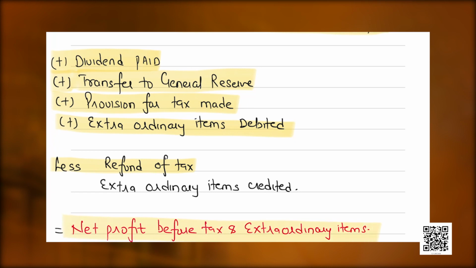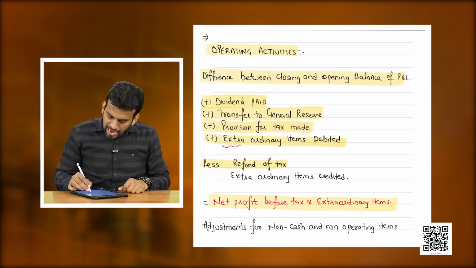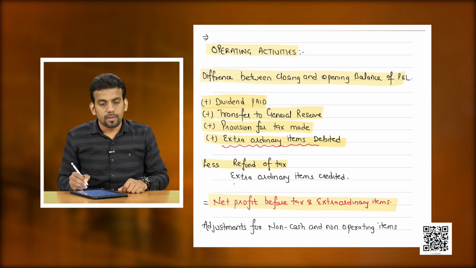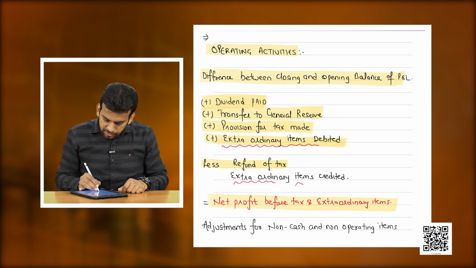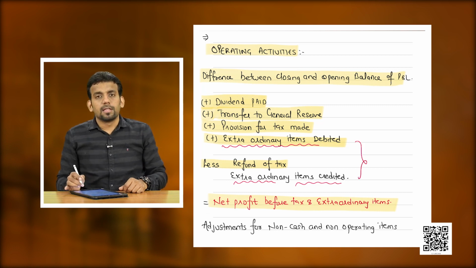And one more thing: the way we added extraordinary items debited, we have to subtract extraordinary items credited. The way we paid certain compensations, it could be a case that we have received certain claims, and receiving claims is not my operating activity.